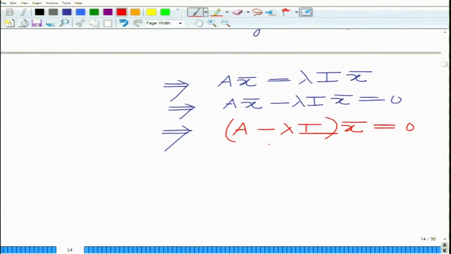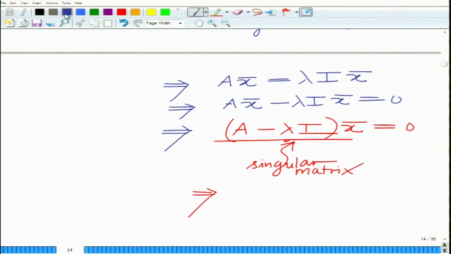What this means is that the matrix A minus lambda I is a singular matrix. There exists a vector such that (A minus lambda I) x bar equals 0, which implies that the determinant of A minus lambda I equals 0.